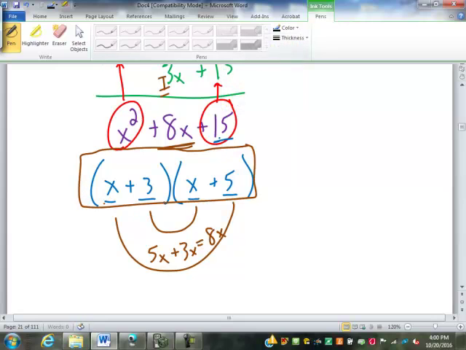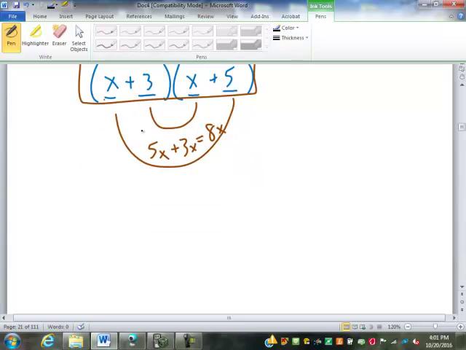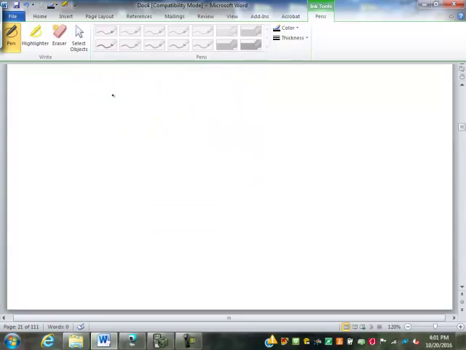Now, of course, we started out by multiplying two algebraic expressions together to get the x squared plus 8x plus 15. What if we don't have the luxury of seeing it multiplied out? So let's do x squared plus 8x plus 12.